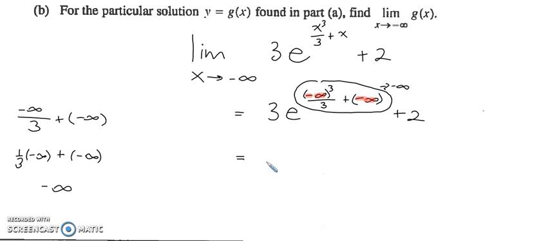So I can rewrite this as 3 e to the negative infinity plus 2, or 3 over e to the positive infinity plus 2.